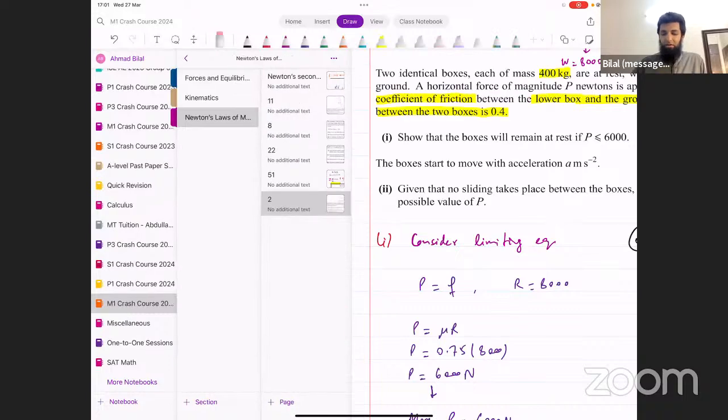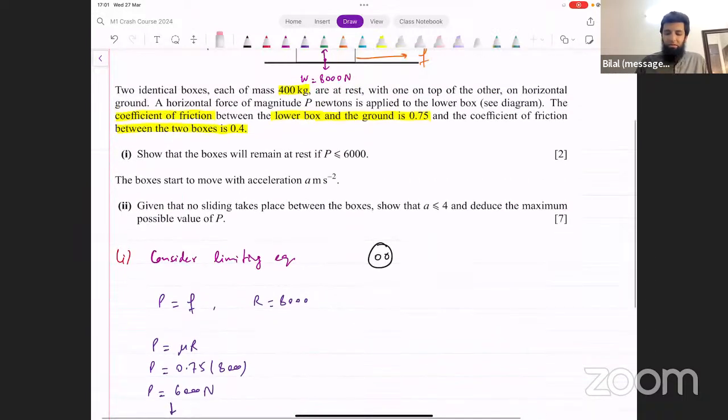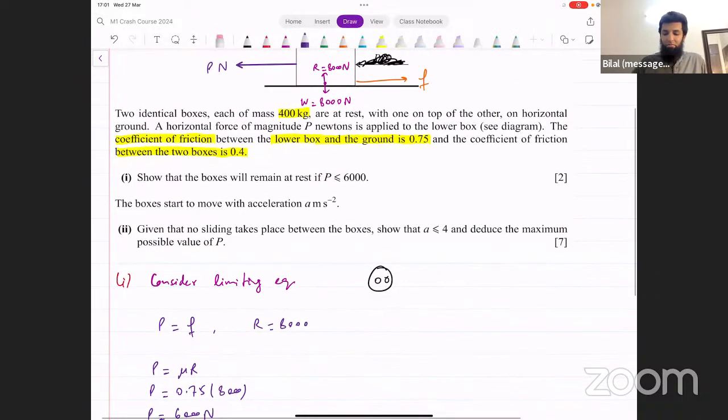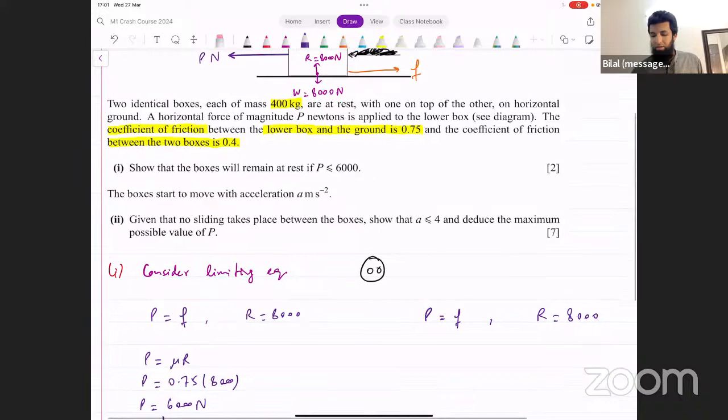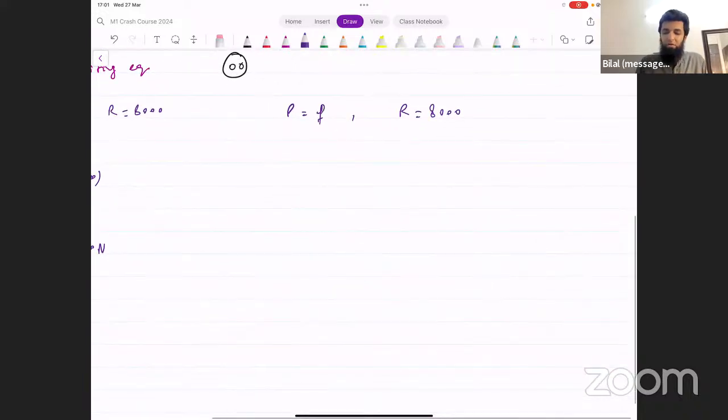You could use that concept and you could say, again, it's equilibrium. Opposite forces are supposed to be equal. So you have P equals F and you have R equal to 8,000 Newton. That is still going to hold. However, now we can say friction is supposed to be less than or equal to mu R. Why?